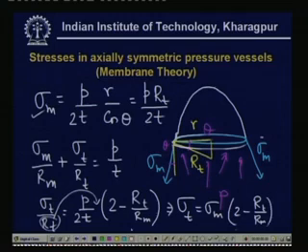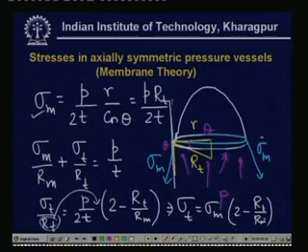Now, remember in the cylindrical pressure vessel, of course, we had r t, but r m was infinite, because the meridional radius of curvature was infinite, because this was a straight line in the cylindrical surface. So, if you draw a circle, then the radius will be infinite.